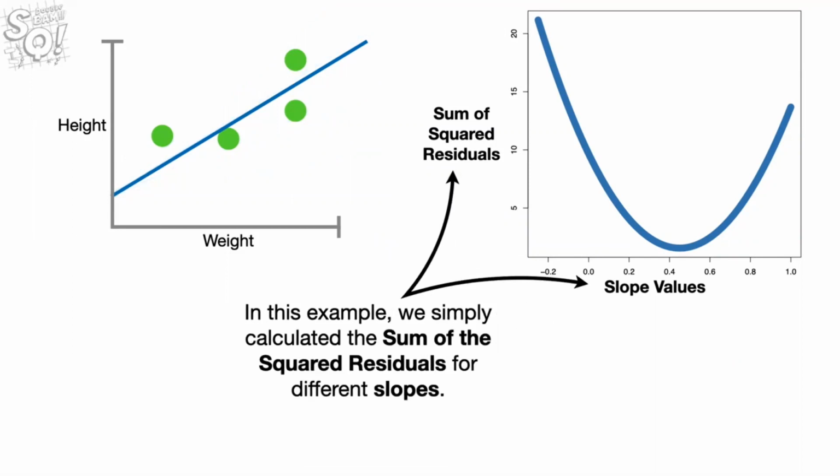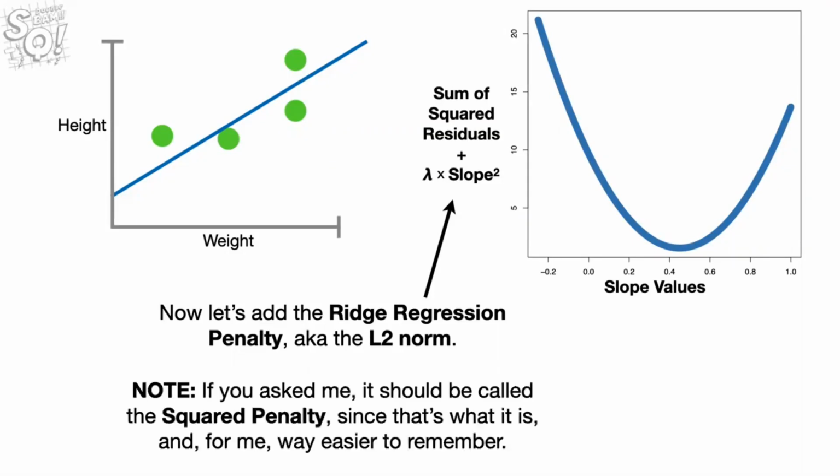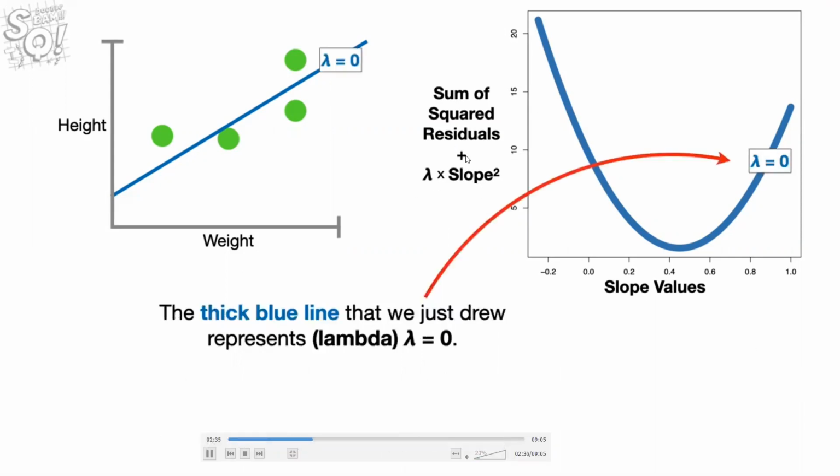Okay, and so let's say that we add this penalty of ridge regression. If we add this penalty of ridge regression, what we are saying is that whenever you are calculating error, you should also calculate this term and then add this. So let's say we have lambda equal to 0. Lambda equal to 0 means that we are neglecting this term.